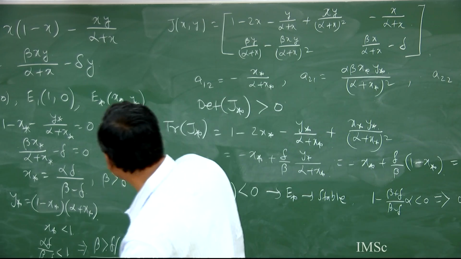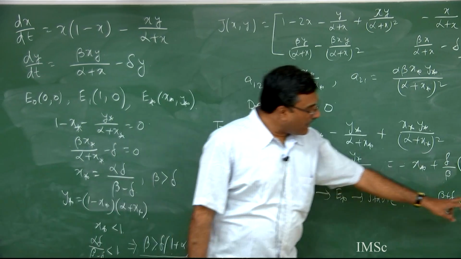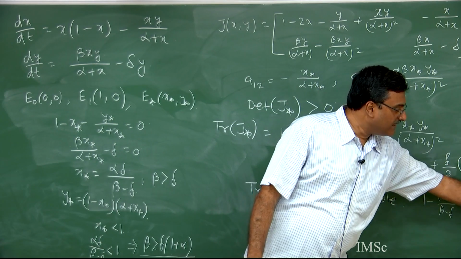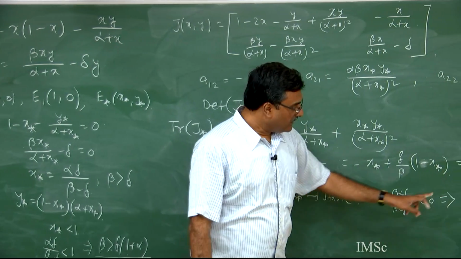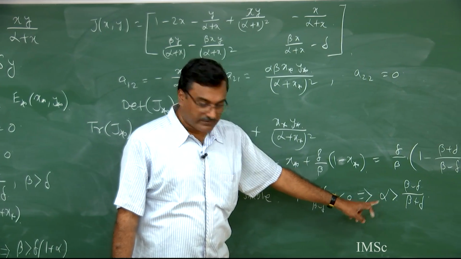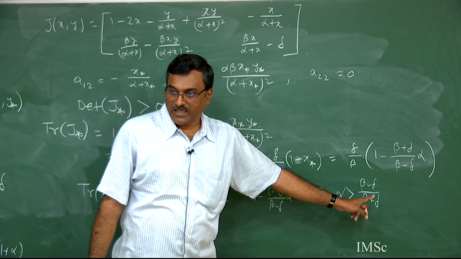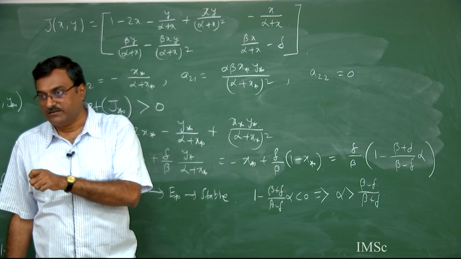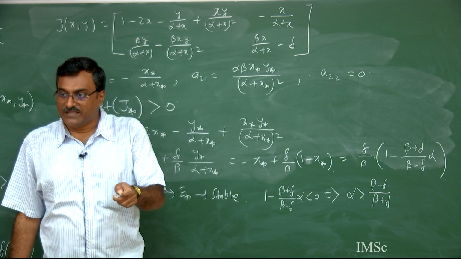Hopf bifurcation is given by the condition alpha equal to beta minus delta by beta plus delta. Because if you choose alpha as a parameter, then you need to choose some particular values for beta and delta, and as alpha is a free parameter, it might be greater than this quantity or less than this one.